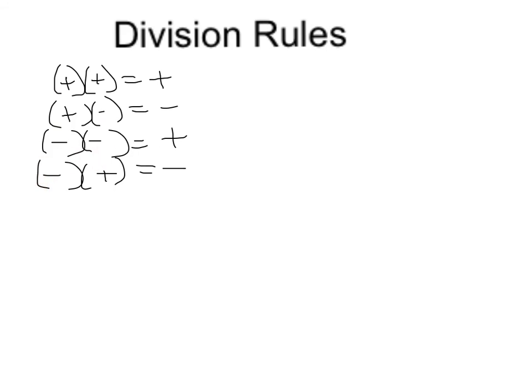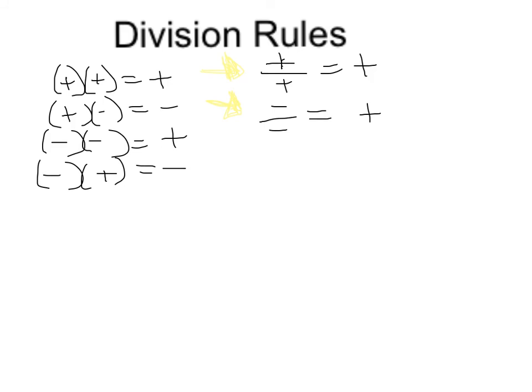Now we're going to go into our division rules. Remember, using our fact families, our division rules should be basically the same as our multiplication rules. If a positive times a positive is positive, then a positive divided by a positive should also be a positive. If a positive times a negative is negative, then a negative divided by a negative should give you a positive.